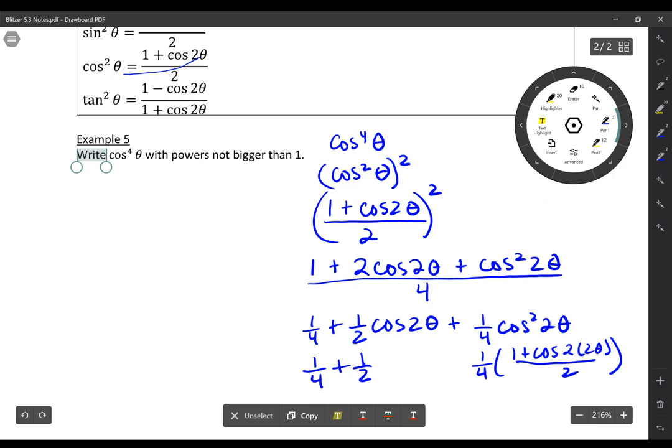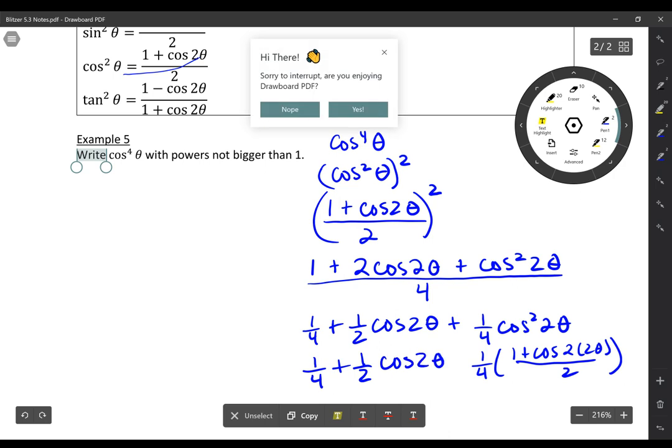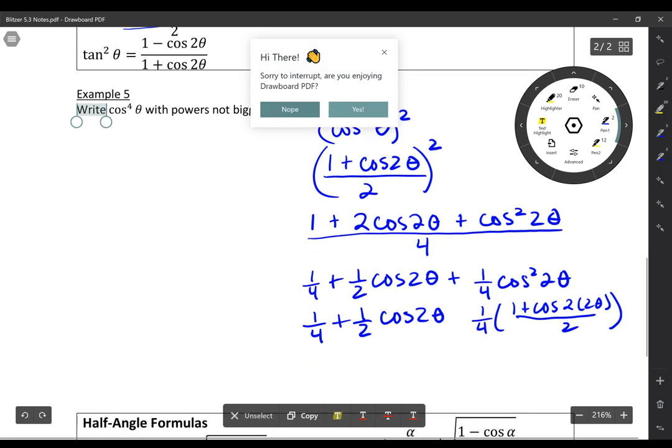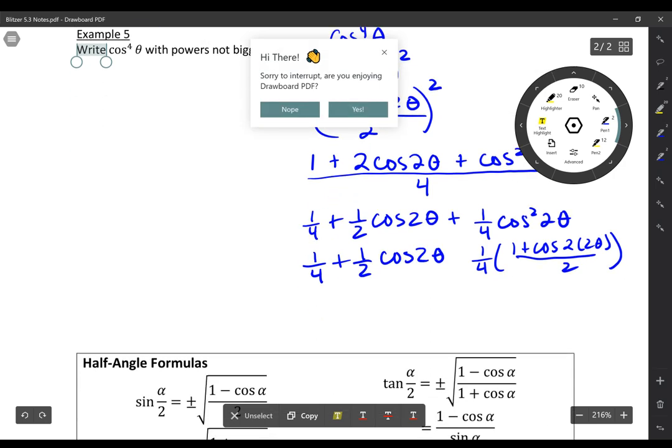I'm writing down everything else. So now, ooh, I'm running out of space too. So now I want to distribute: 1/4 plus 1/2 cosine 2 theta plus, maybe I should wait and work inside first.